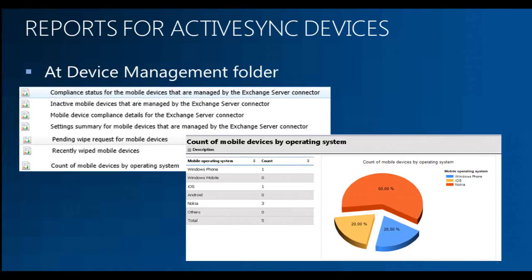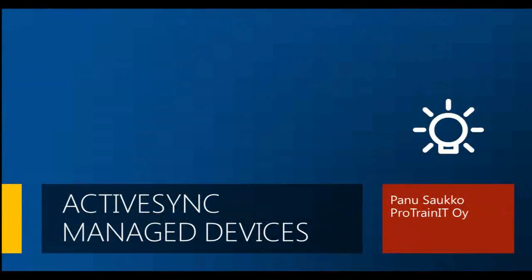This is very helpful in many cases because companies want to know how many devices they have, and which operating system they have on their devices. Okay, so let's go to the demo.